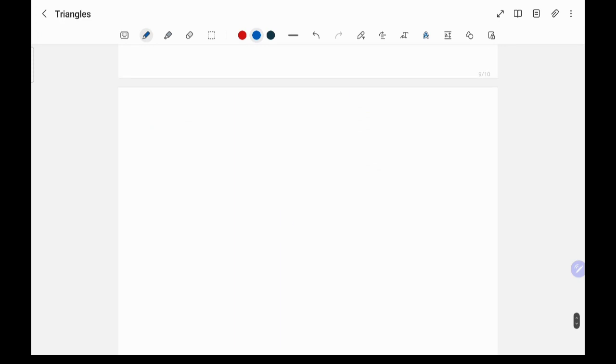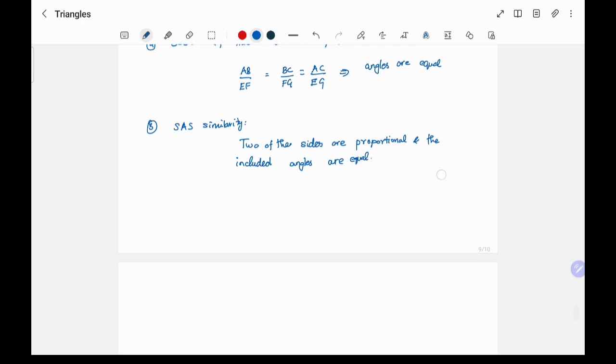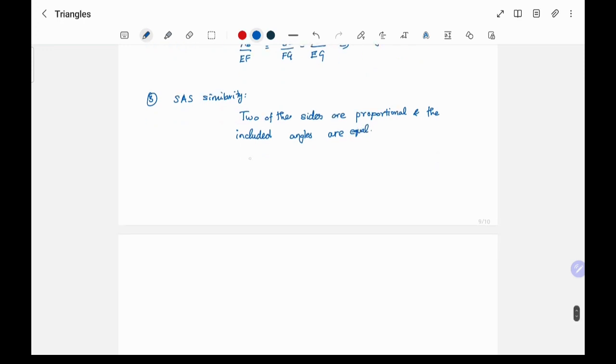The third type of similarity we have is SAS similarity. If two of the sides are proportional and the included angle is equal, then we can say the two triangles are similar.